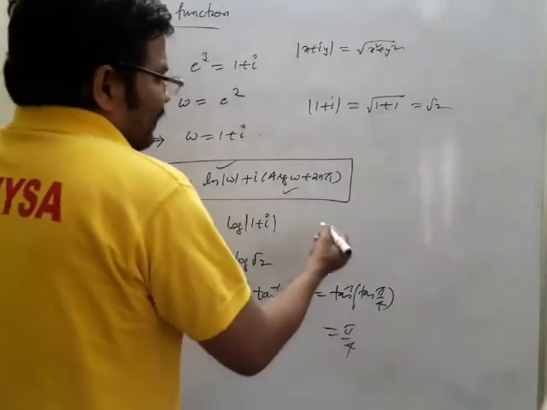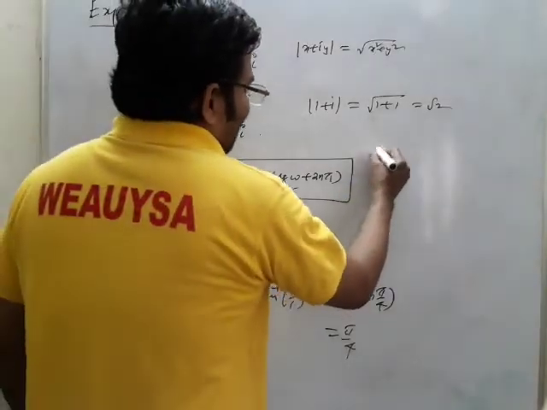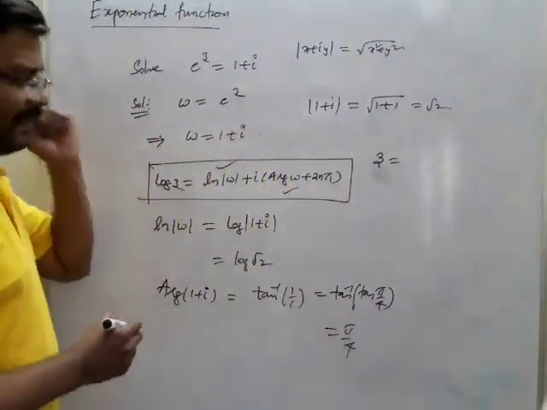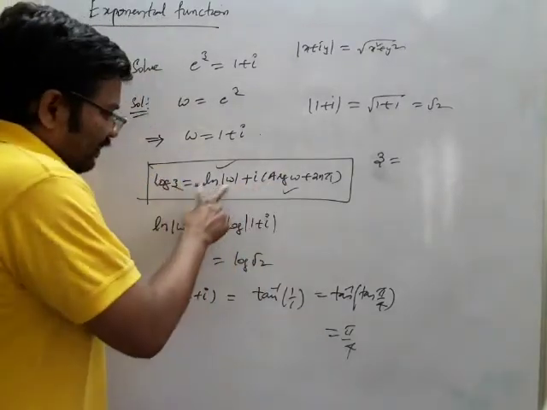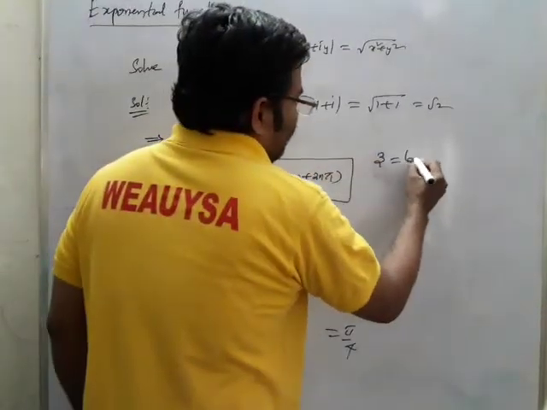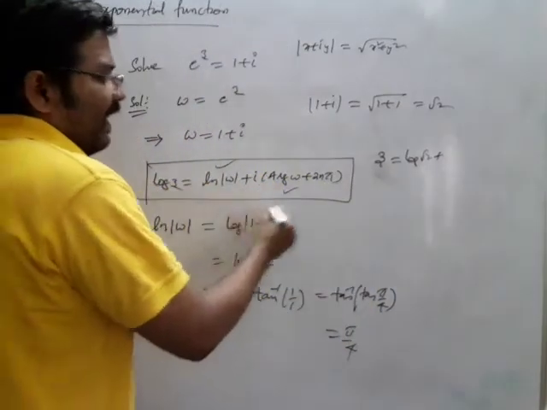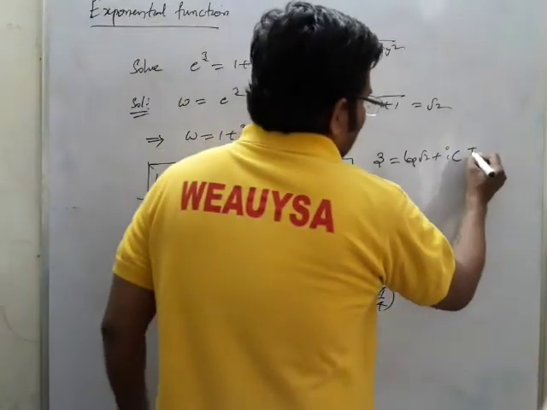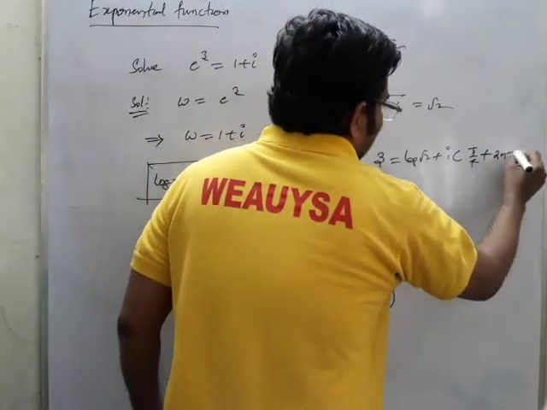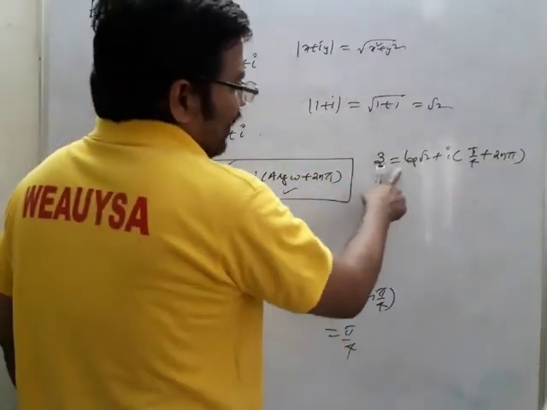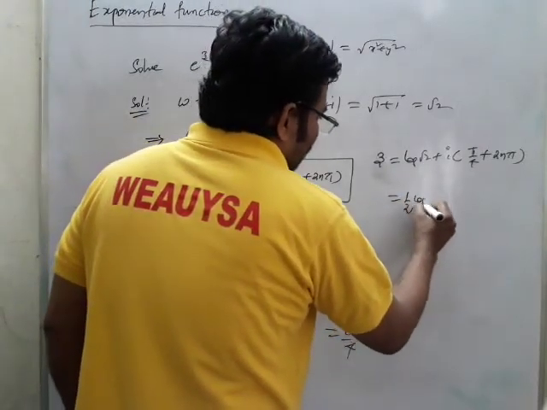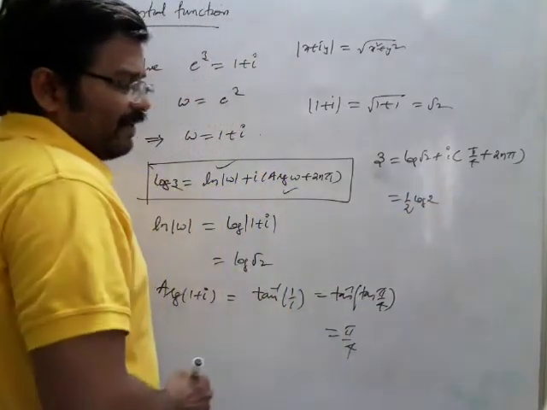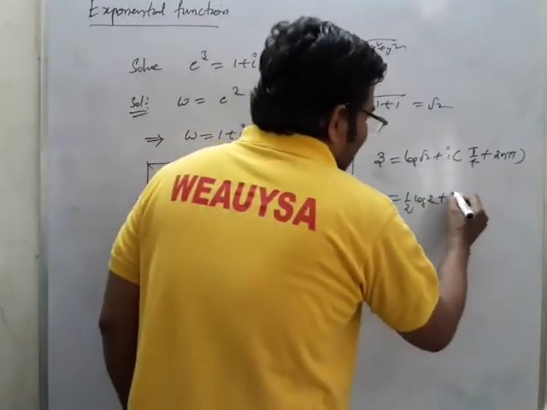So I may write it in the form of like this. Therefore the solution: I have taken as z. Z is equal to log root 2, since mod w value is root 2, plus I into argument of w, that is pi by 4 plus 2n pi. Now this I can write as 1 by 2 log 2, because 2 power 1 by 2, plus I into this.